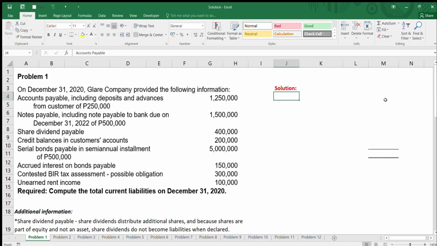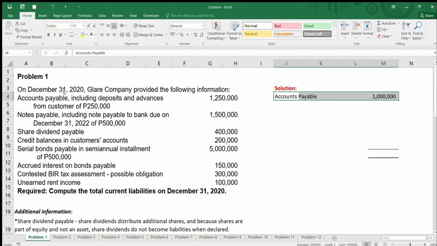On December 31, 2020, Glare Company provided the following information. Accounts payable including deposits and advances from customer of 250,000. So again, accounts payable is automatically part of your current liabilities. That's why it appears in our solution.